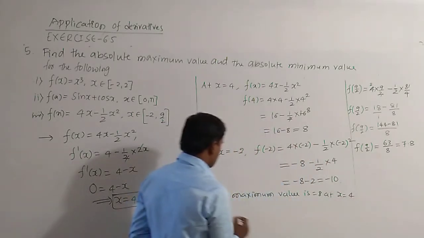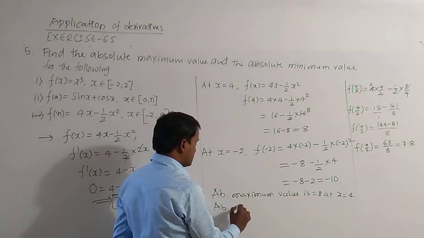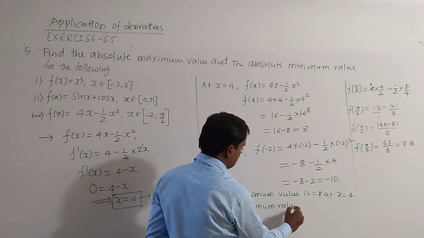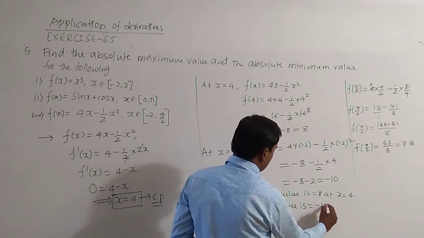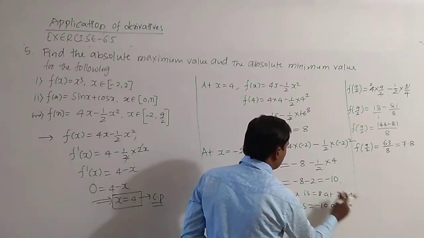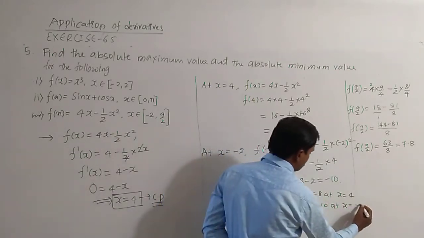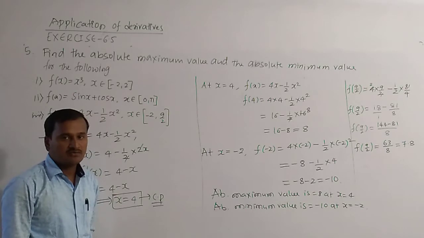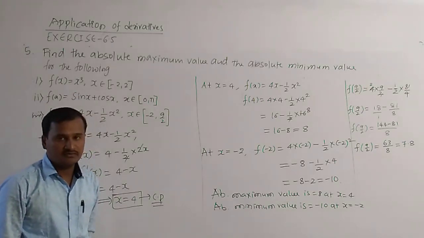Okay. So absolute minimum, which is the least? So absolute minimum value is equal to -10 at x equal to -2. So this is about absolute maximum value and absolute minimum value.